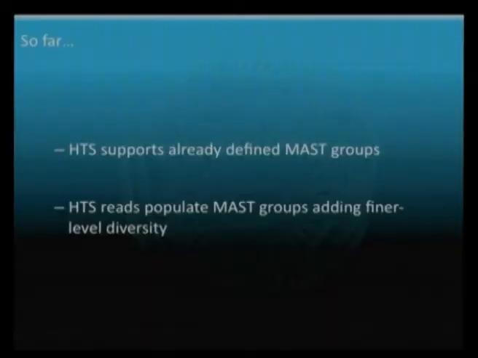So far we could say that high-throughput sequences support groups which were already defined, and that the short reads produced with high-throughput sequences could populate these larger phylogenies built with longer sequences. So it populates those trees.